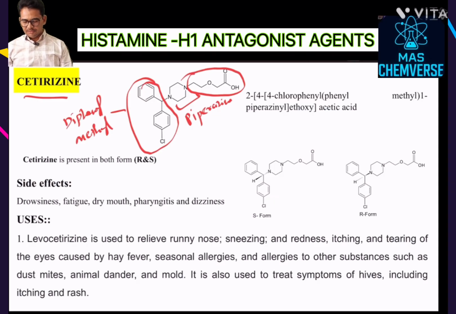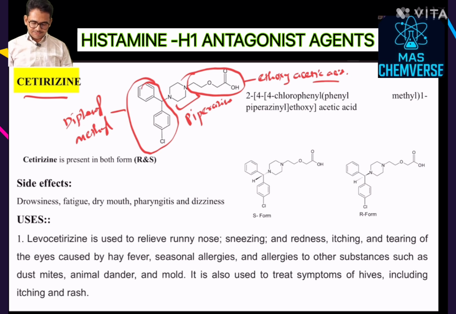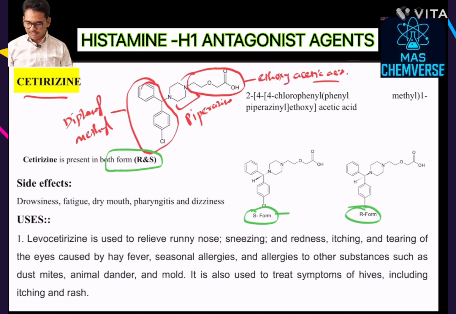Then see here in this case particularly, this is the ethoxy acetic acid. When cetirizine is present in both forms, the S form and R form combined, it is called cetirizine.